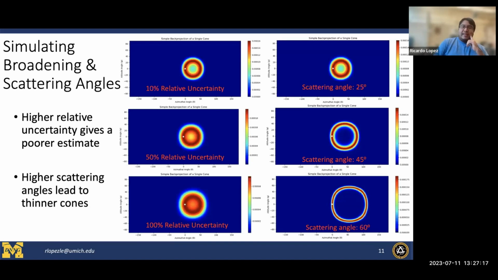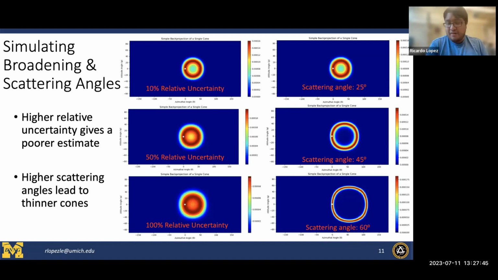Over on the right is showing what happens when you change the scattering angle of your particular particle, and how that changes your cone. You can see that with very small scattering angles, in this case starting at 25 degrees, we again have a pretty standard cone. But as you go to higher and higher scattering angles, you actually see that these cones end up getting a lot thinner and a lot bigger.